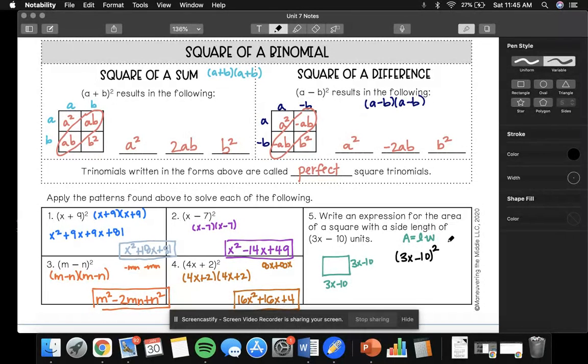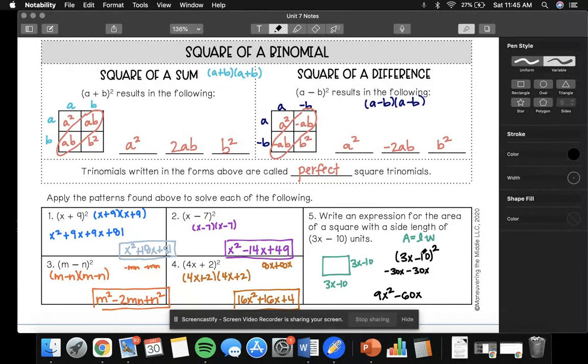Okay, we could also simplify this because if we have exponents, we should hopefully simplify this and get rid of the parentheses. Okay, so we could do 3x times 3x, which would be 9x squared. Okay, we could do 3x times negative 10, which is negative 30x. Then we would do negative 10 times 3x, which is another negative 30x, okay, which would make a total of negative 60x.